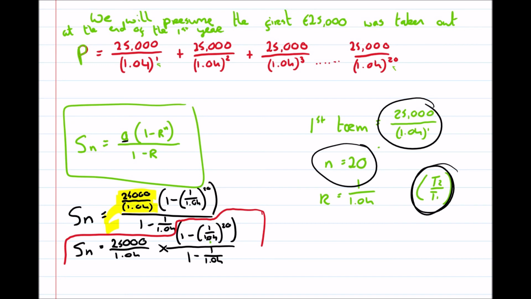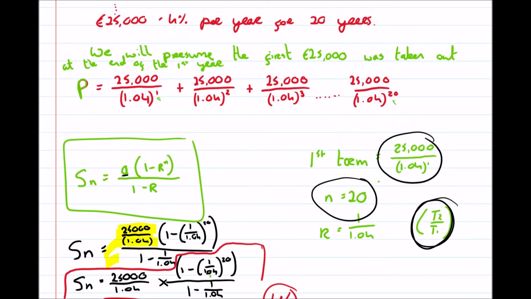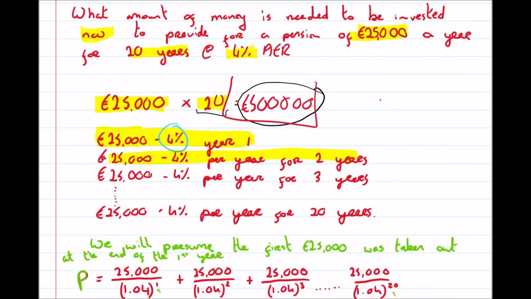We type that onto the calculator, and we get an answer of 339,758.16. So in order for us to get 25,000 euros a year for 20 years, we have to invest 339,758 euros 16 cents if we're getting an interest rate of 4% per year. Whereas if we ignored the 4%, we would have to put away half a million. Okay? That's it. Thanks, guys.